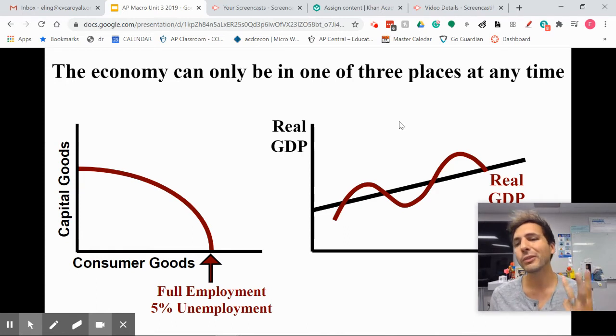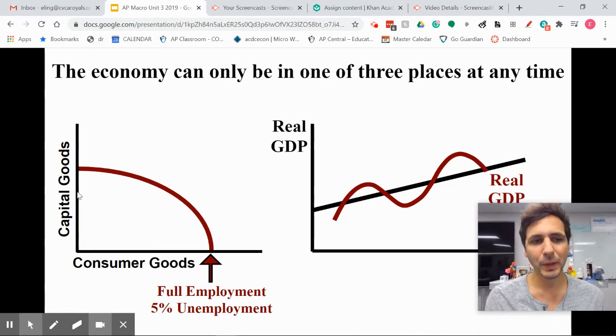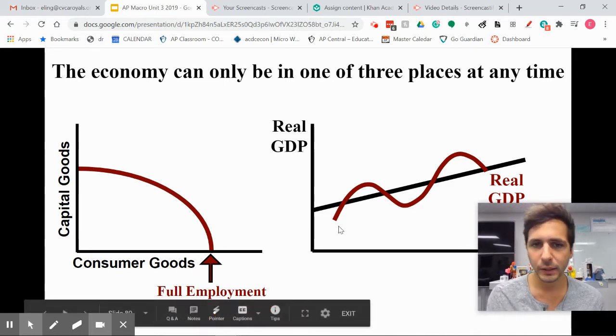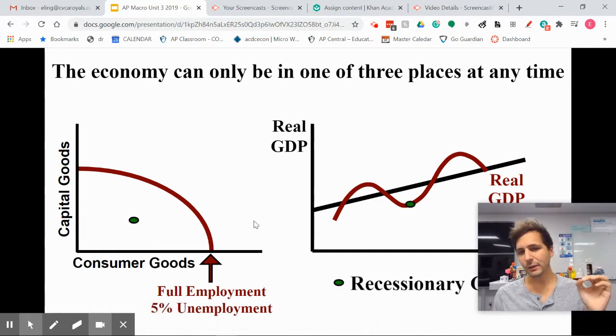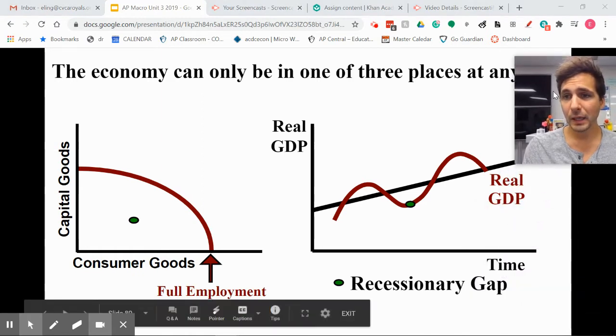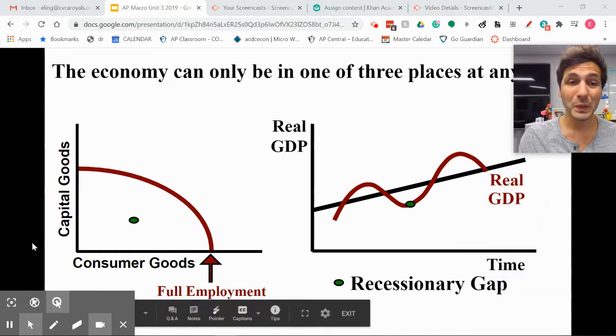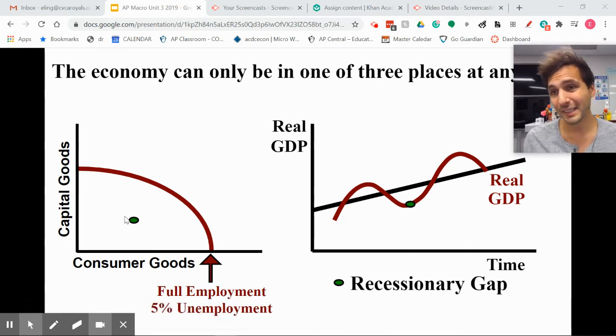So let's check it out. The economy can only be in one of three places at any given time. Remember, we have our production possibilities curve right here. This right here is our business cycle. We know whenever we are producing inside of the curve, we have a recessionary gap, meaning we are currently producing too little. Unemployment is high.